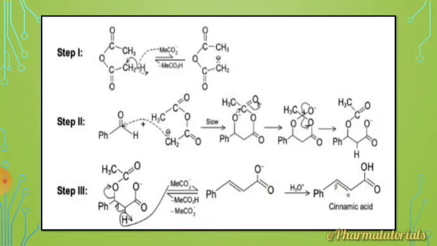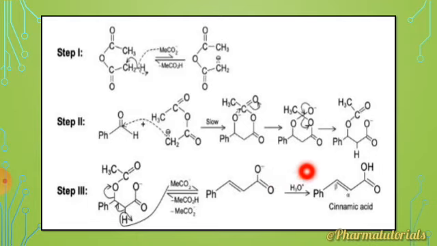Then there is protonation of this tetrahedral intermediate by acetic acid, and there is formation of another intermediate. In the final step, there is removal of a water molecule from the hydroxy derivative, and there is a hydrolysis reaction involving this product.